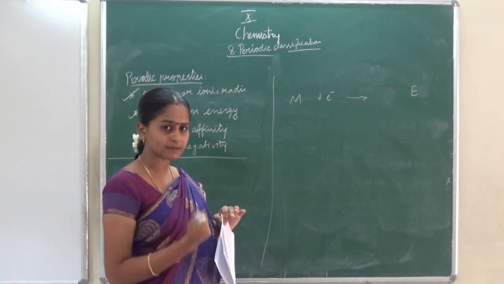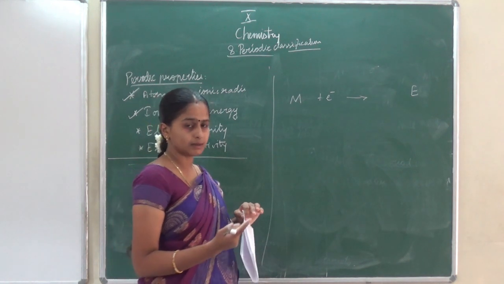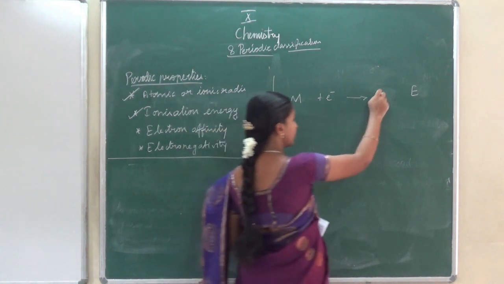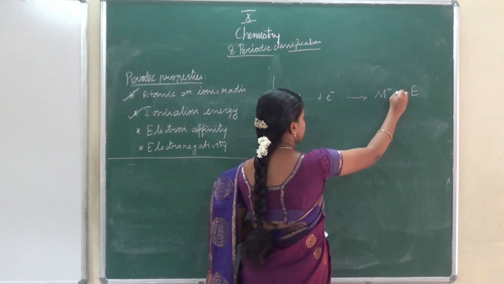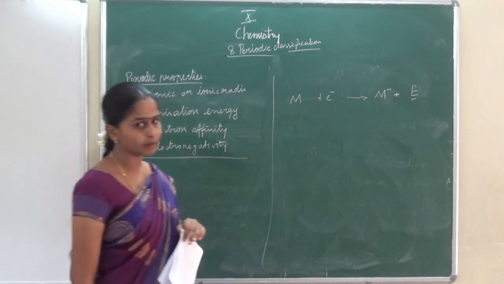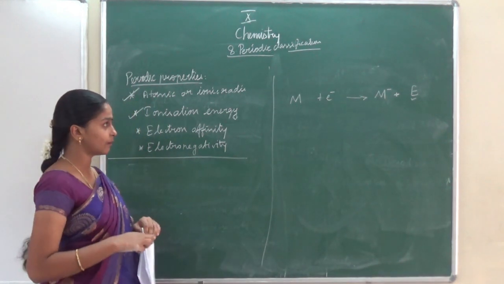When one atom accepts an electron, will it become a cation or anion? Good, it will become an anion, M minus. This energy is expressed in kilojoules per mole. The unit is also given in your book. Just mark it as a 1 mark question.